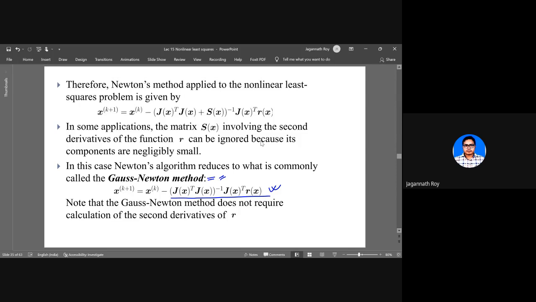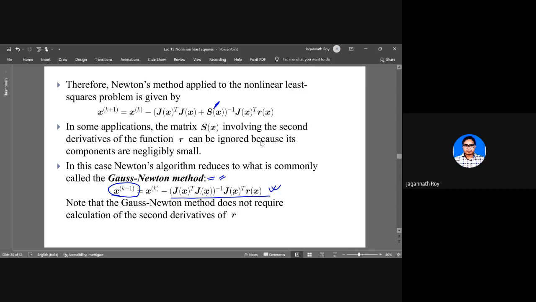And in fact, you can see that because we are neglecting this term, we are approximating the x k plus 1 by only the Jacobian, which only contains the first order differential coefficients. We do not have the second order coefficients.